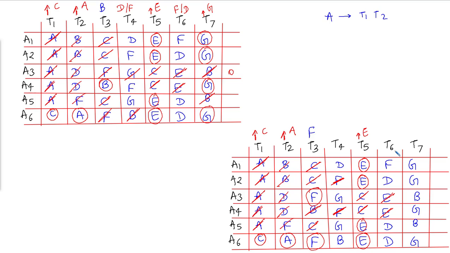But terrorist 6 cannot be F, because F is terrorist 3.